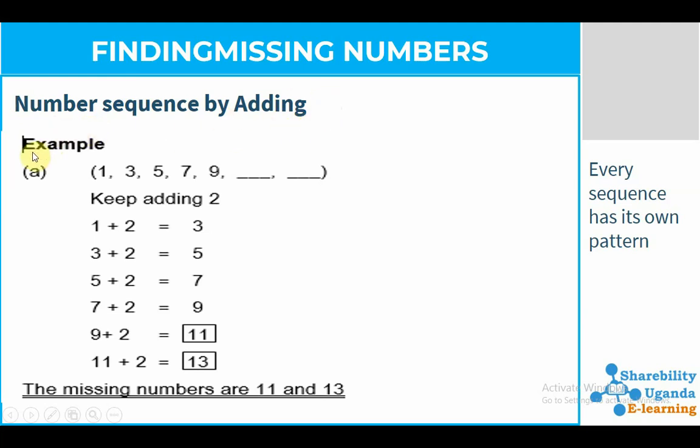So we have an example here. I'll have our example A as it is shown here. We have a 1, we have a 3, we have a 5, then we have a 7, we have a 9. As you can see these numbers, this brings us to the recent videos where we talked about odd numbers and even numbers.